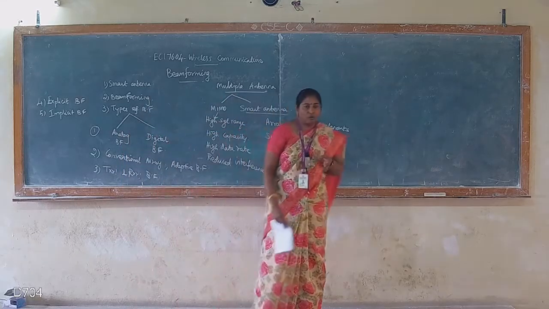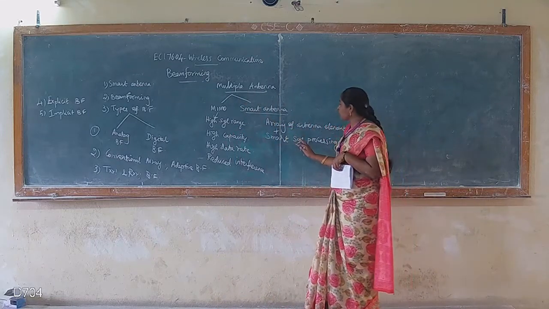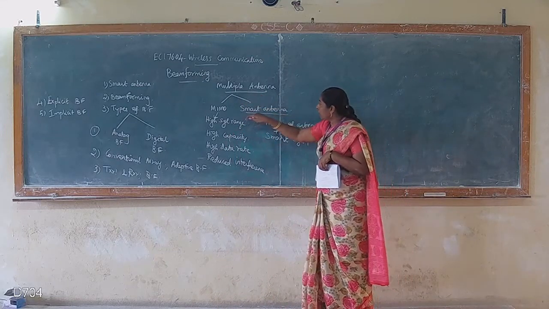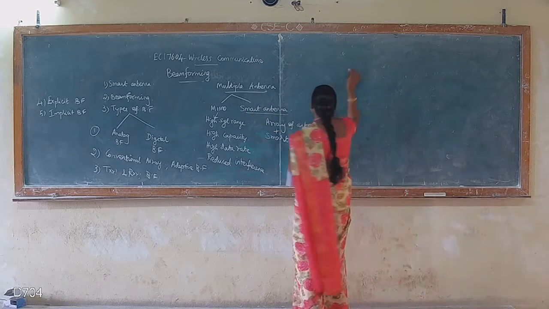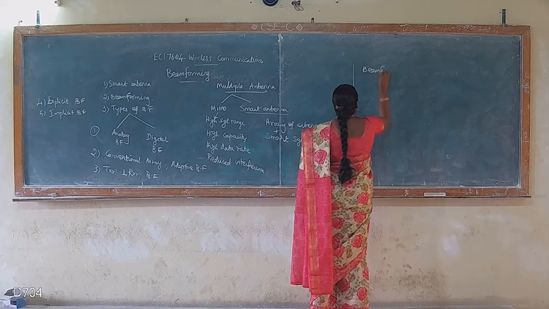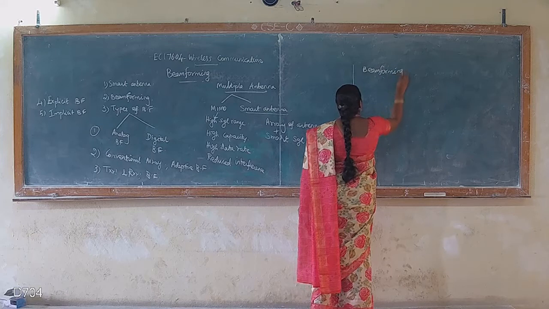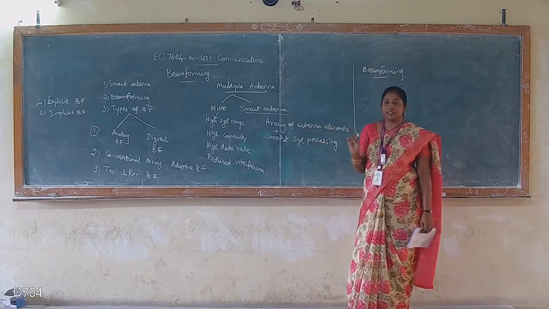How are we relating beamforming with smart antenna? The smart signal processing technique present in a smart antenna is called beamforming. What do you mean by beamforming? Beamforming is a signal processing technique applied in smart antenna.